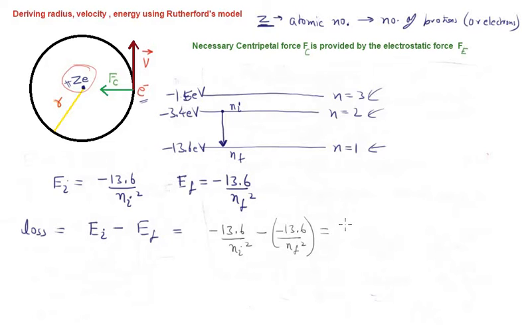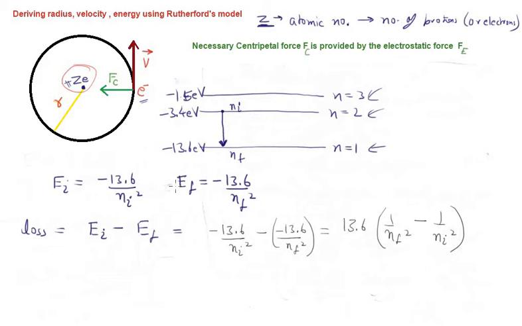So it will be equal to 13.6 into 1 by nf square minus 1 upon ni square, because minus minus gets you positive. You can check this out how this is happening.